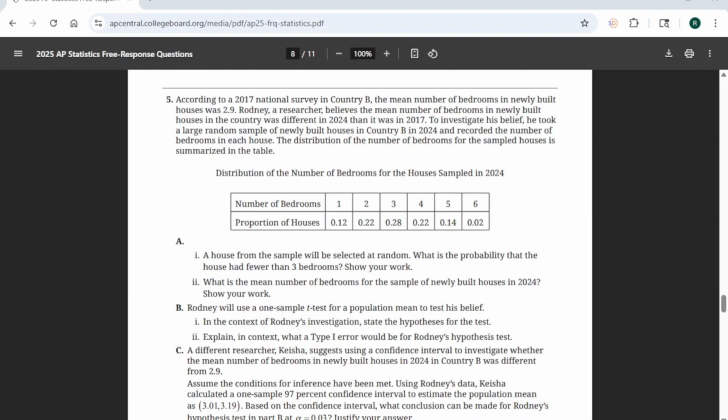On number 5, we have a table giving the distribution of bedrooms that were sampled in 2024. And eventually, we're going to look to compare it to the number of bedrooms in 2017. So, starting with part A, we have this table, and we're going to select a house at random. What is the probability that the house had fewer than 3 bedrooms? And then the next part asks, what is the mean?